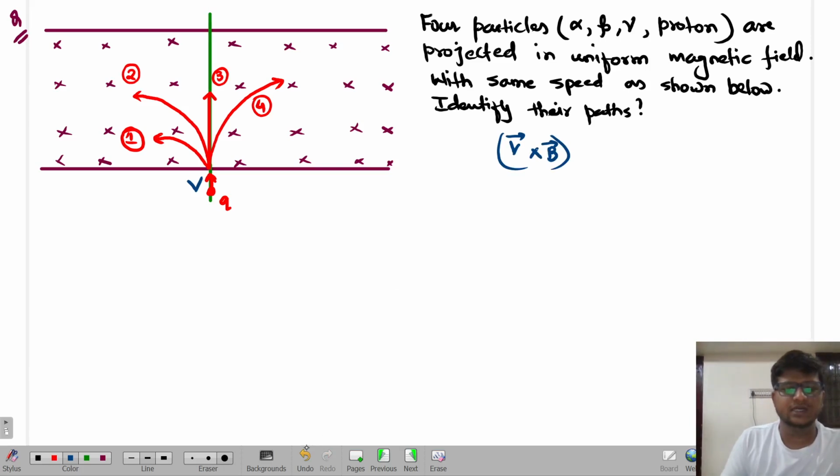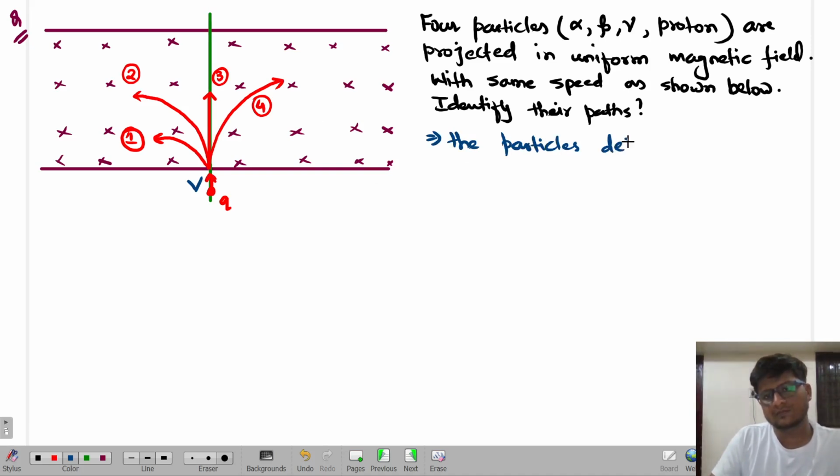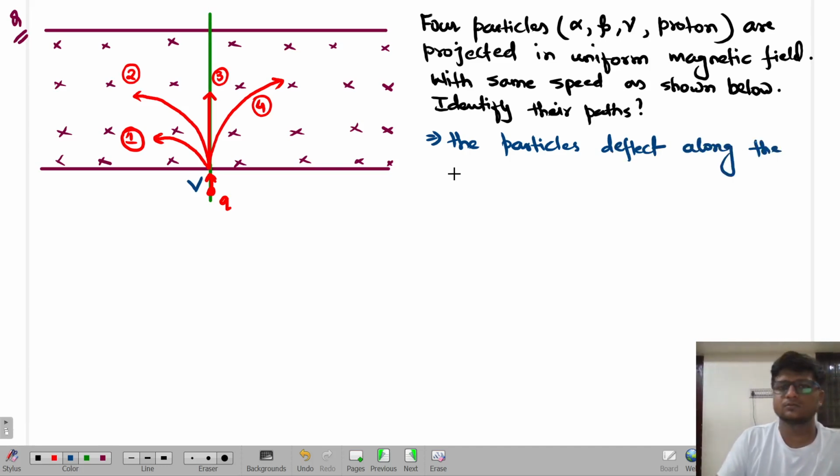If I can find the direction of v cross B, I know where the particle will go, because these particles will deflect along the direction of force.